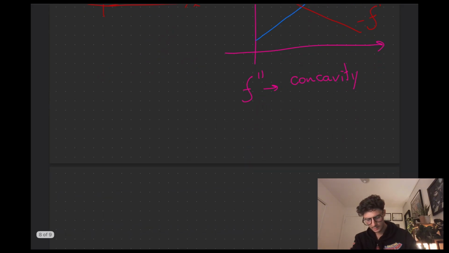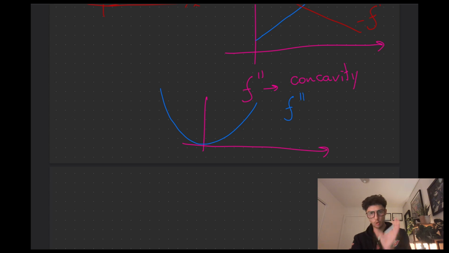So let's say we had a parabola, perhaps. This parabola, since it's concave up, it opens up, its U shape is going upwards. This has a positive second derivative. But if you had another parabola going down like this, then this has a negative second derivative.